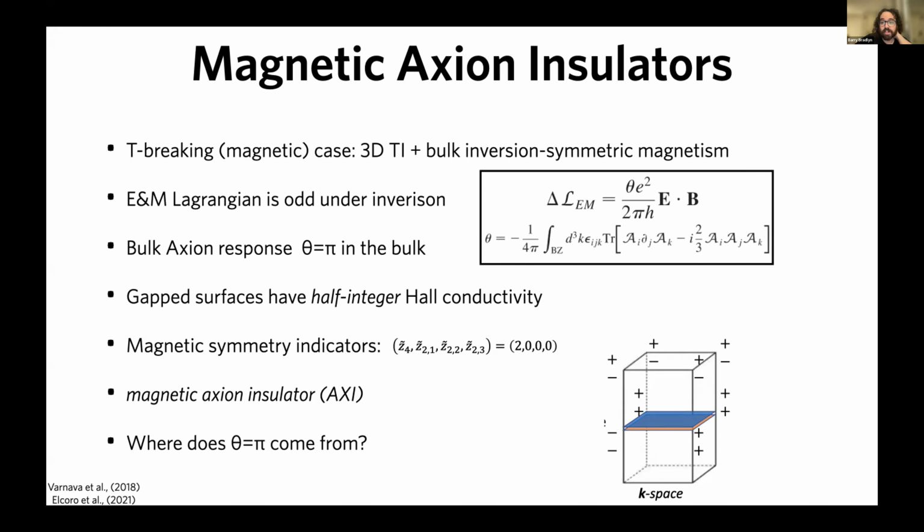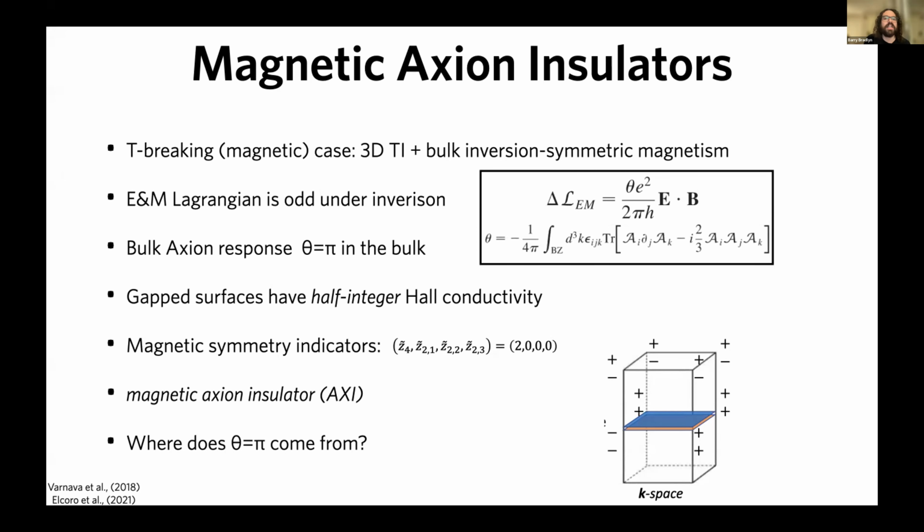Now, when time reversal is preserved, we have this electromagnetic Lagrangian with theta equals pi, describing the bulk of the system. Now we break time reversal, so we can't use the quantization argument for theta I gave before, but we still have inversion. And E is odd under inversion, but B is even. So E dot B still changes sign under inversion, meaning that with just inversion symmetry, theta is still quantized.